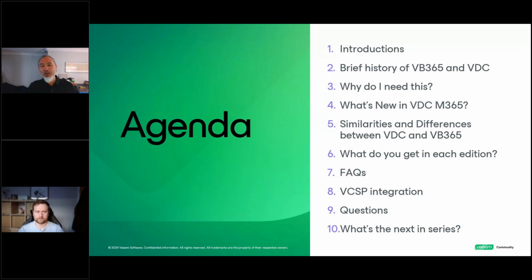Honestly, with all the people on here, I'm sure you're here because you know that you need it. But we'll go over some stats and some reasons. Then Michael will walk us through some of the new features in VDC M365. We'll go over some similarities and differences between the two to help us make better decisions about which one to use in which situation.